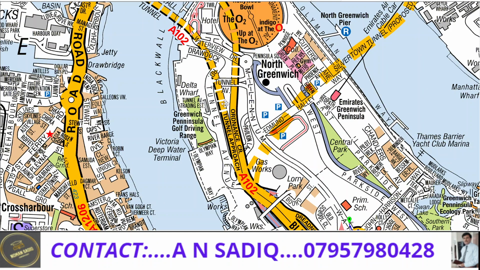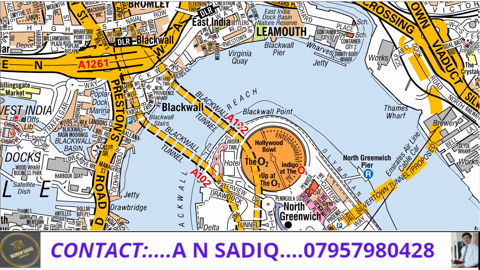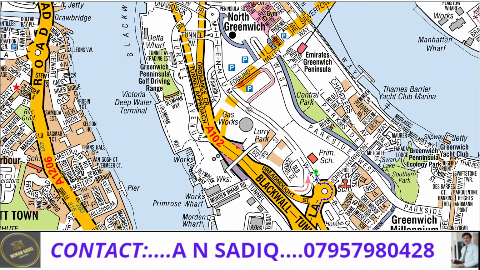This is the entry point for the northern approach, and here this is the exit point of the southern approach. Similarly, here this is the exit point of the northern approach, and here it is the entry point of the southern approach. So always remember that you have to enter or leave the tunnel through the tunnel approach.